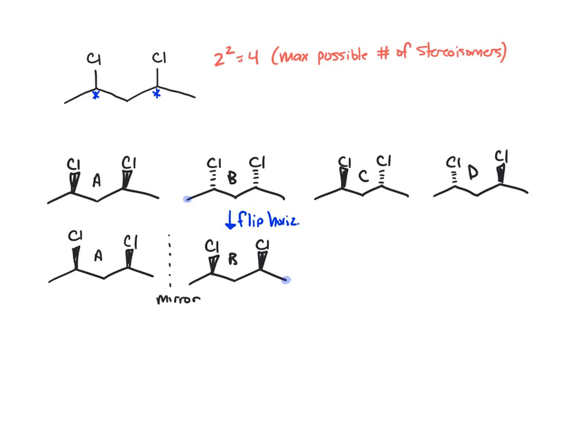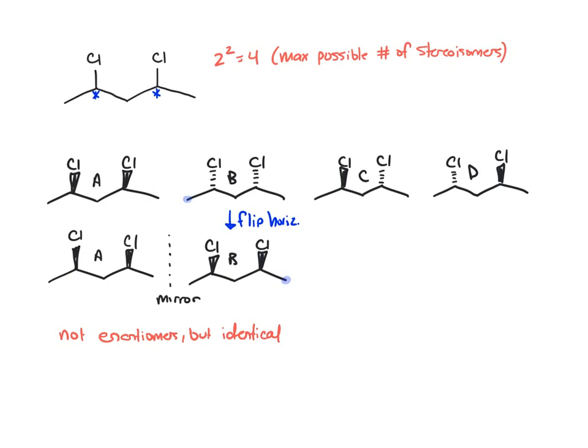The problem is, even though they're mirror images, they're superimposable. You could take B, pick it up, set it down on top of A, and they would superimpose. They're identical. For that reason, these are non-enantiomers. But they're identical compounds.